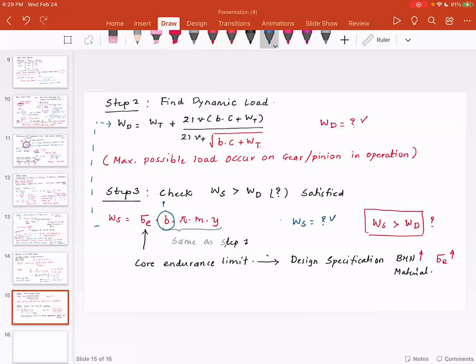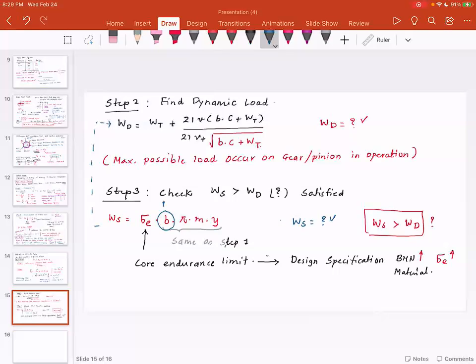So at that time, if we decide to increase the value of B, then we have to go back, find out the new value of WD, and make sure that the new WS that we find is greater than WD.